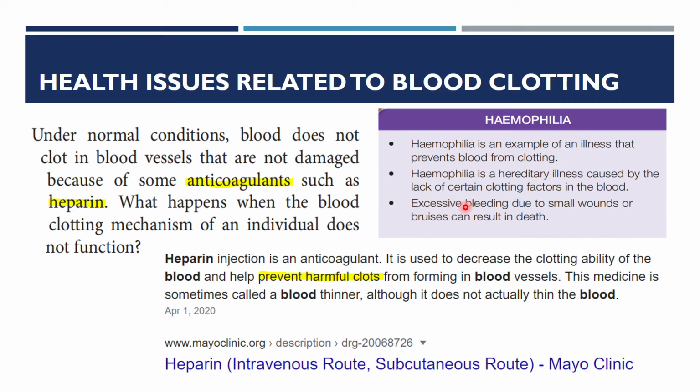This will cause excessive bleeding, even due to small wounds, and eventually lead to death because our blood fails to clot. Hemophilia is a hereditary illness and it is caused by lack of certain clotting factors.